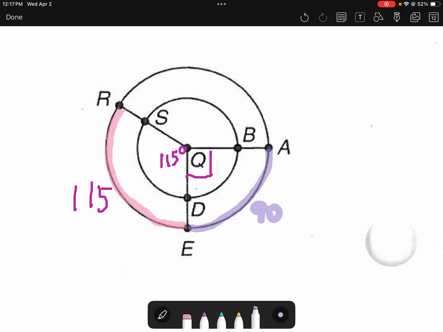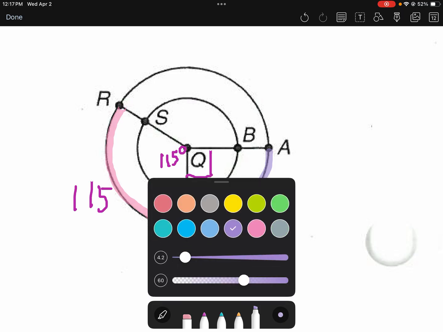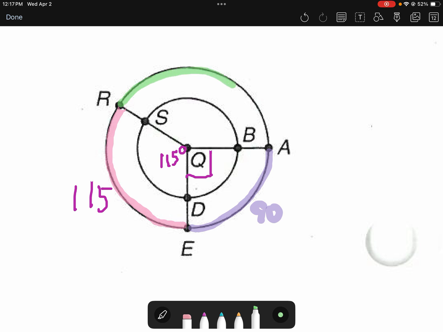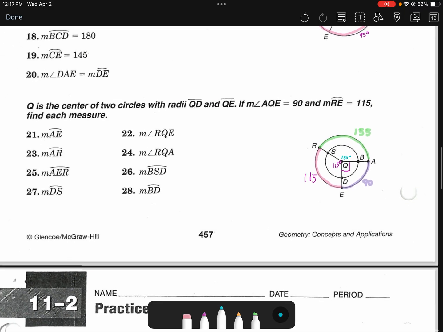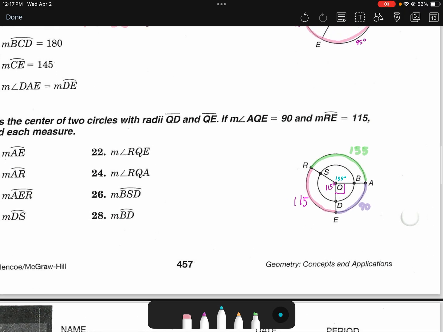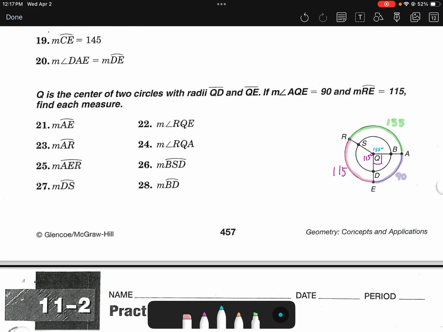Take away 115, take away 90. It's 155. So I'll grab a different color for that. Anytime I have information like that, I like to fill in my picture, then I can just answer some questions.